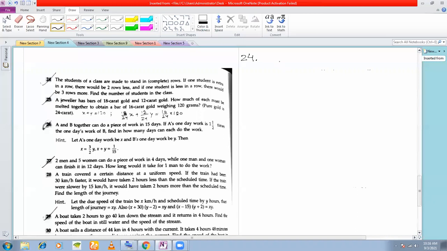Now see, what do you mean by rows? Suppose students are made to stand in this manner. And this continues. Okay, and you have many such rows.